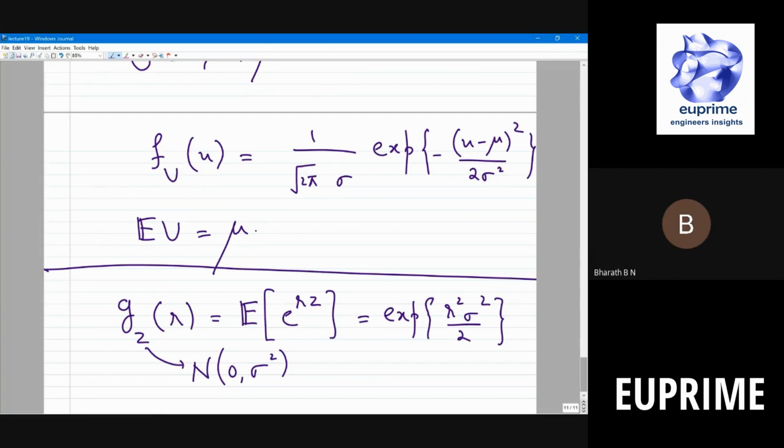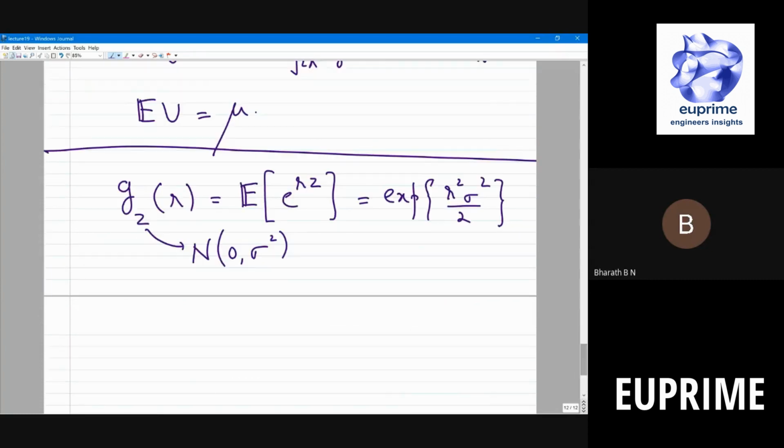If it is of mean mu, what is the answer? All that I can do is call that random variable z plus mu. Z is 0 mean, and I add a mu to it. The expected value of e power r mu is e power r mu, so I can pull that out.